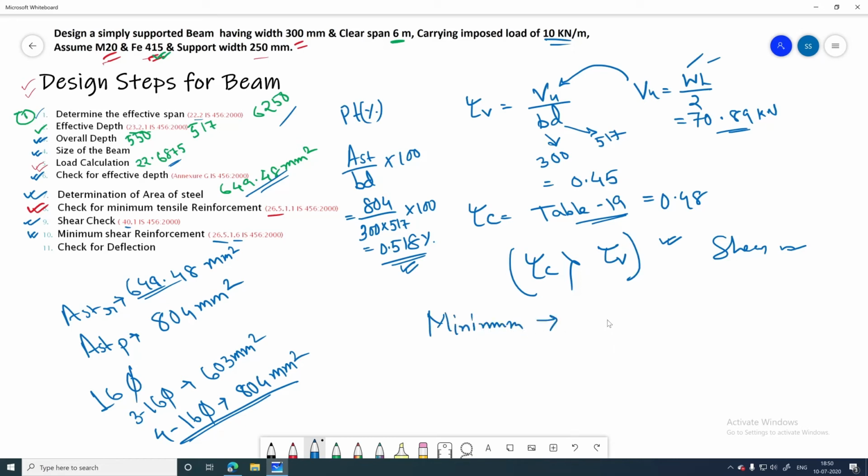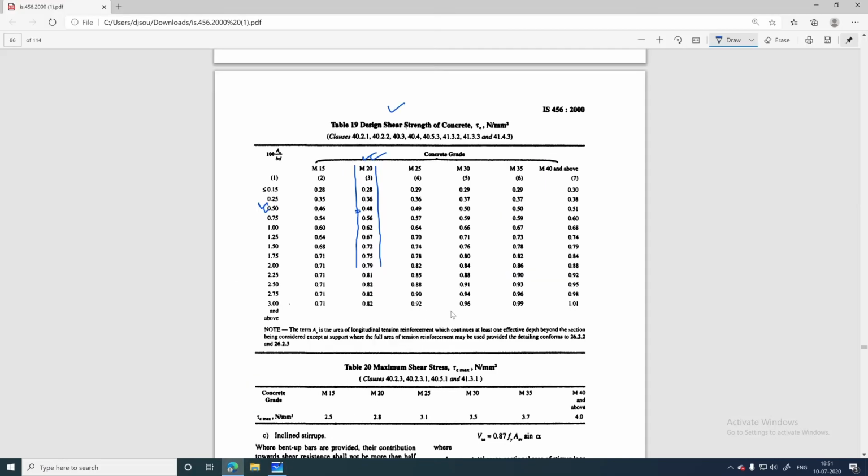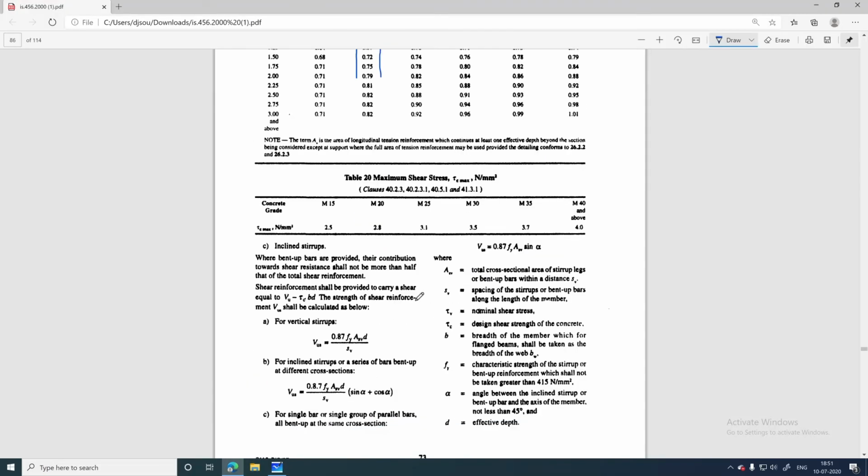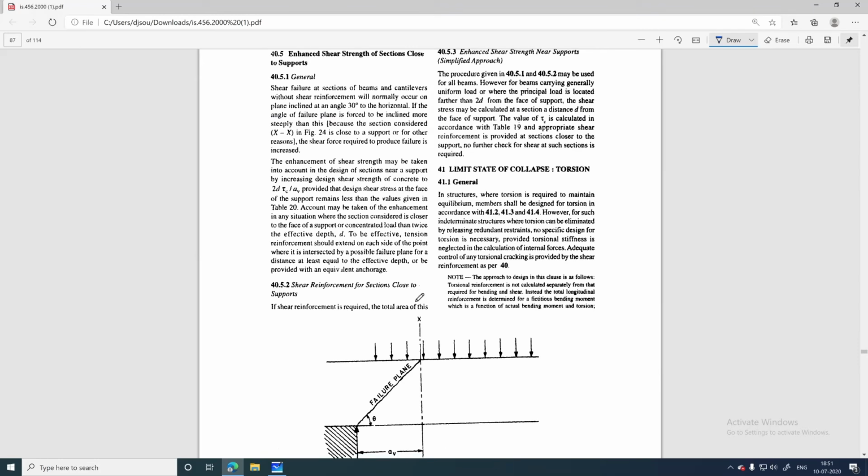So what is the formula to determine the minimum shear reinforcement? That is Asv by b into sv is greater than or equal to 0.4 by 0.87 fy. Okay, I am definitely showing you where this formula is present in the code. 26.5.1.6, right?